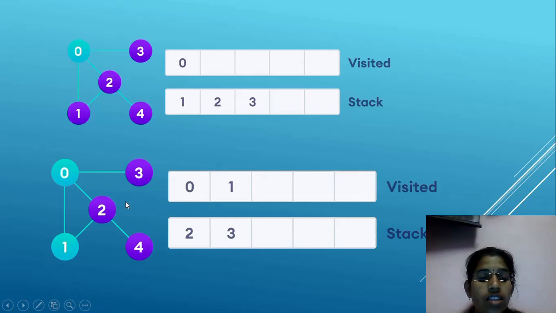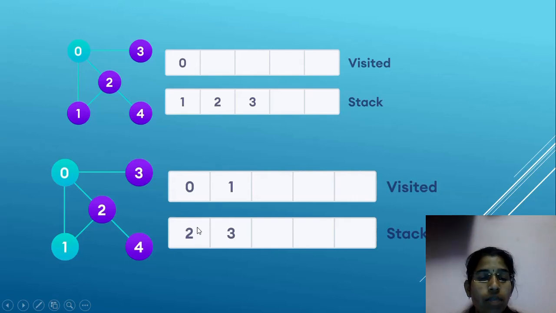Then the adjacent nodes of 1: node 1 is connected with 2 and 0. Here I want to add these two adjacent nodes, but 0 is already visited, so ignore. The second one is node 2, which is already present in the stack, so you ignore it.